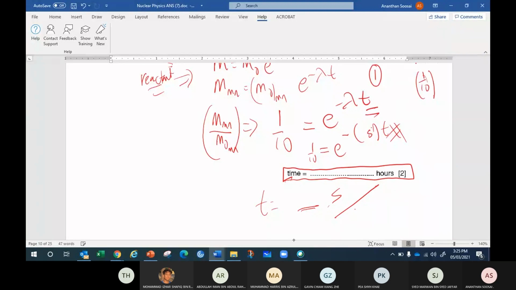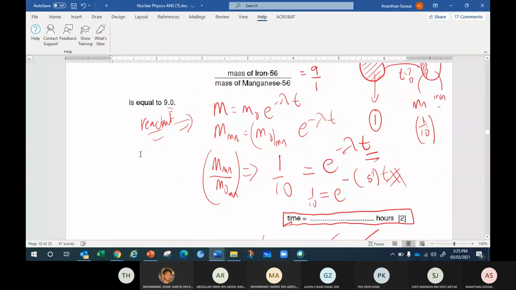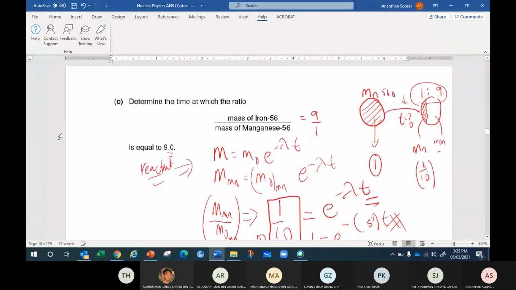Second changed to hour: 60 times 60, so 3,600. Just divide by 3,600 and you get hours. The trap here is that you should realize it should be 1 over 10. Correct?